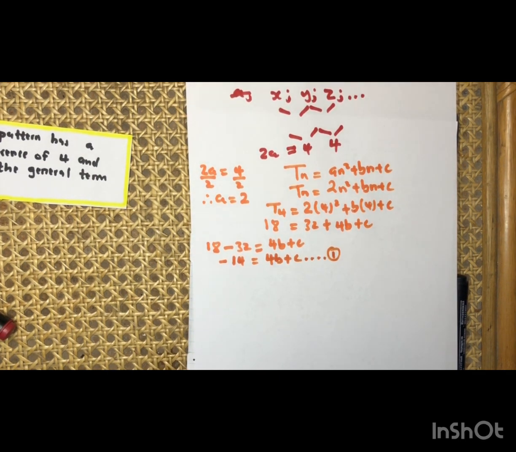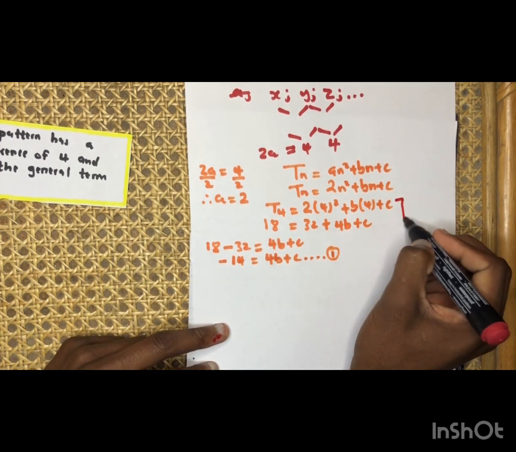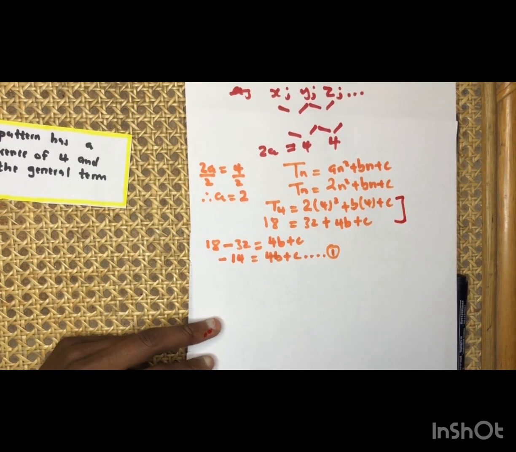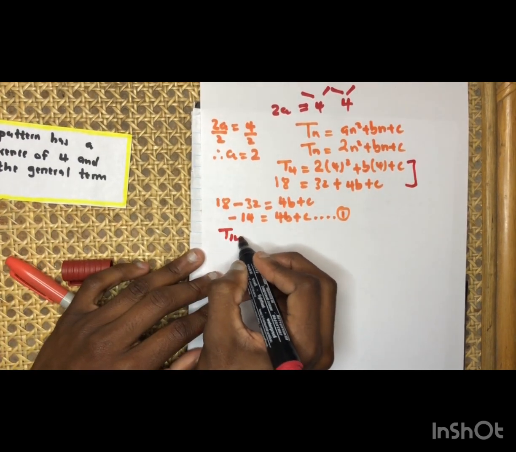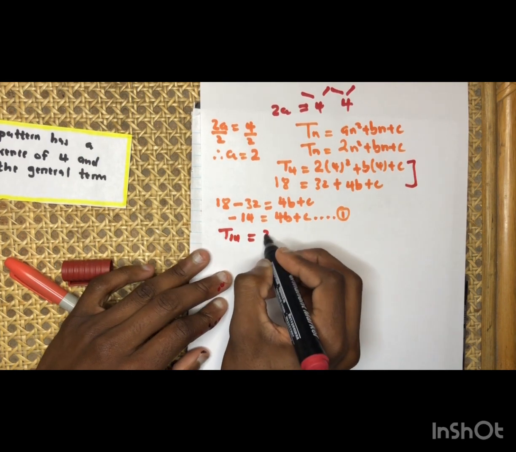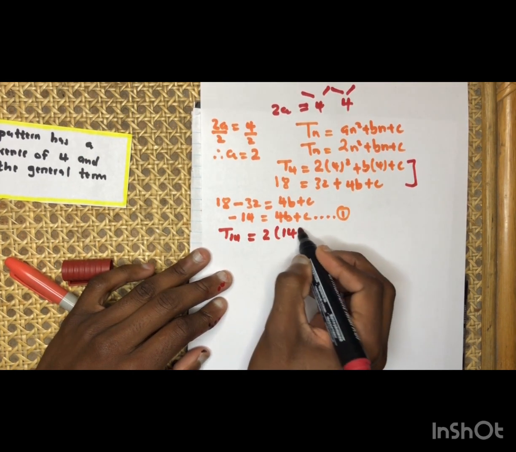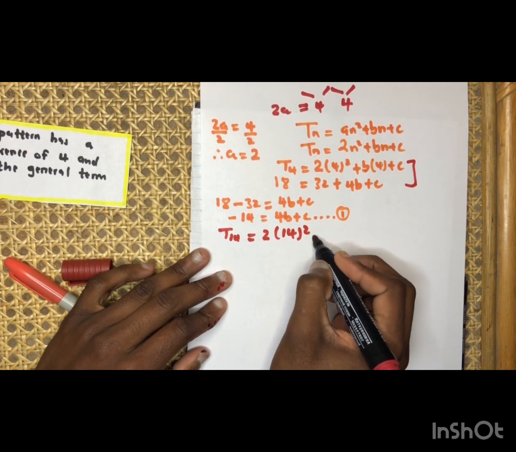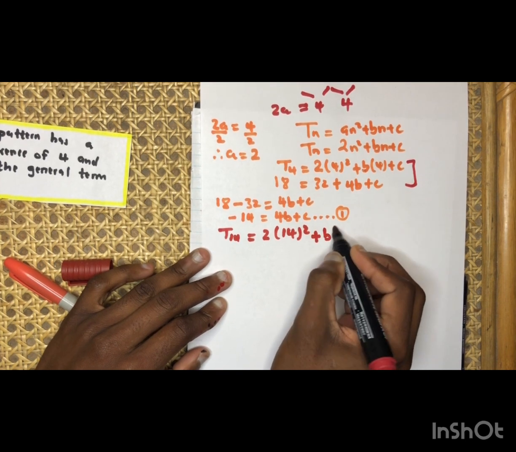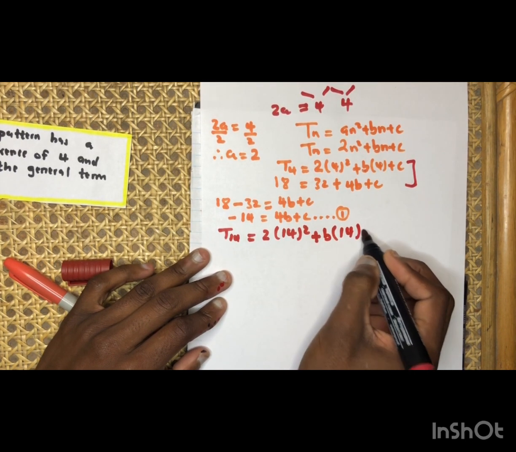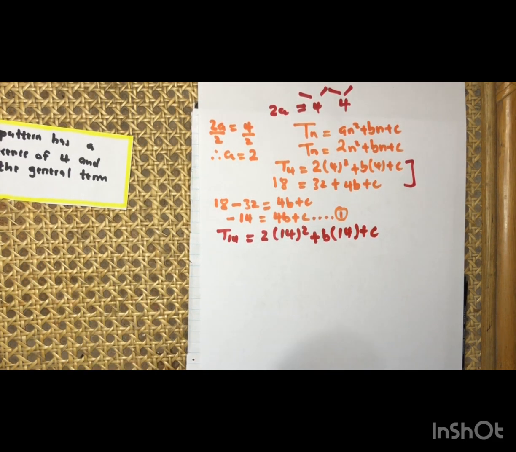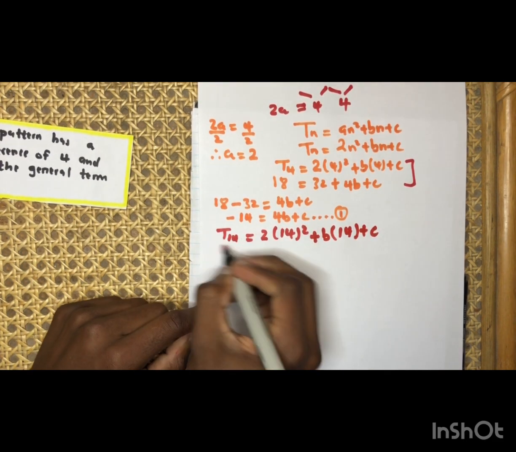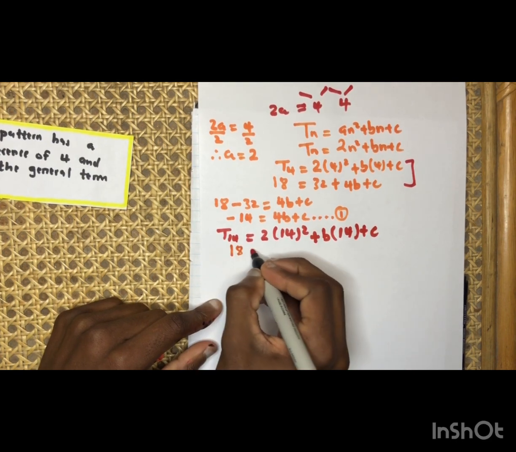So then I go to T14. I'm going to apply the same procedure here, just like what we did here. So I'm going to say T14 equals 2 into 14 squared plus b into 14 plus c. We all know that, guys, T14 is equal to T4 equals 18. So in place of T14, I'm going to substitute 18.